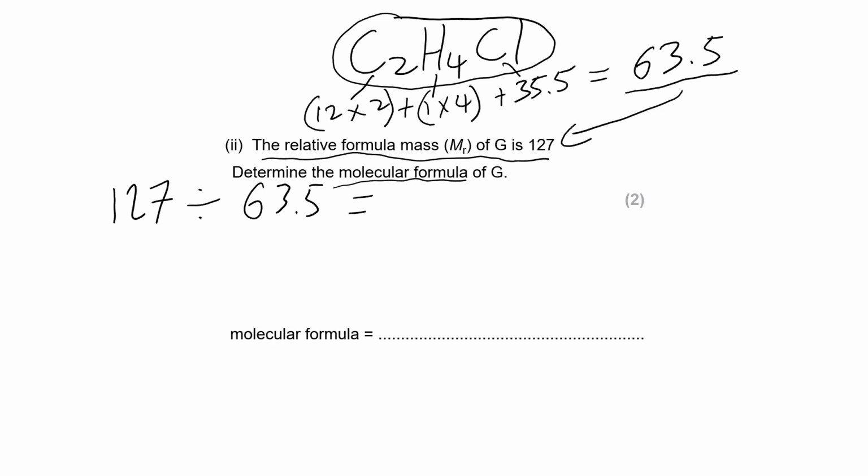That equals 2. So that means my actual compound is twice as big as my empirical formula. If we remember it's C2H4Cl, we know that our actual compound is twice as big as this, so we multiply everything in here by 2.